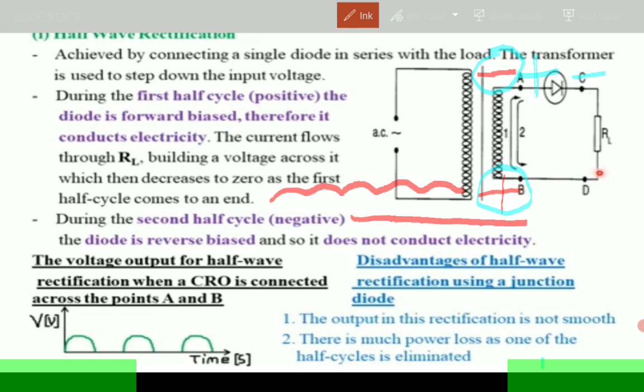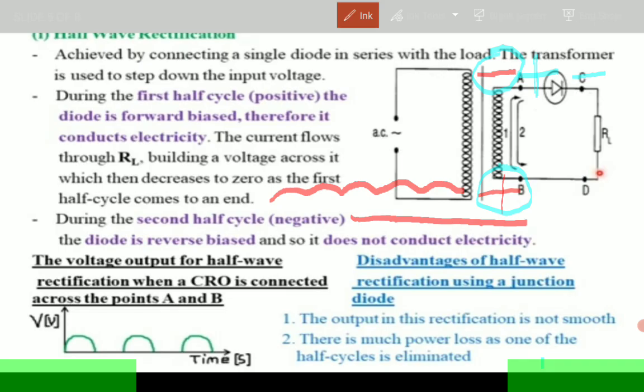The absence of smoothness in this case may result in some current being lost in the form of negative ripples. So there is need for us to devise a mechanism of smoothing it. We shall see how this can be done by using a special device which is called a capacitor.